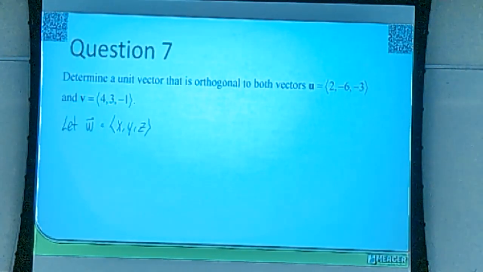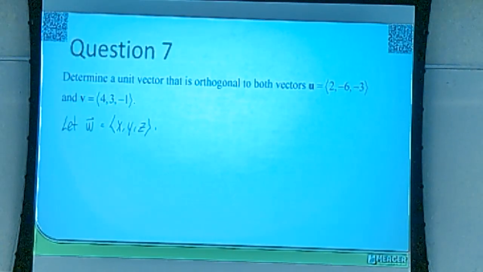We can revisit this once we study the next operation. But right now we don't have it. So just define w to be said vector. It's going to have components x, y, and z. Our goal is to find x, y, and z.